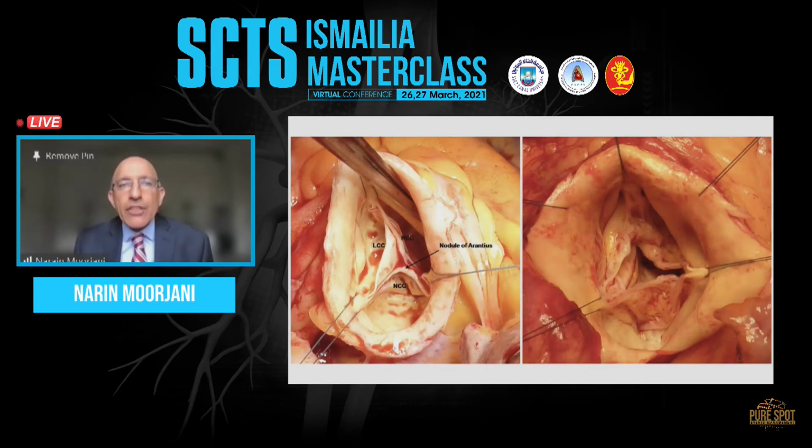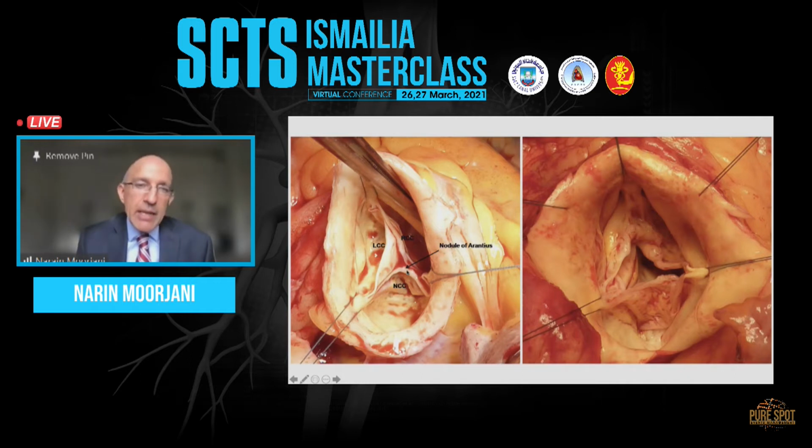Here are some operative illustrations of the aortic valve. You can see the three different leaflets: the left coronary cusp in the left coronary sinus giving off the left coronary artery. Similarly, the right coronary cusp in the right coronary sinus, and here you can see the right coronary artery coming off. And then the non-coronary cusp in the non-coronary sinus.